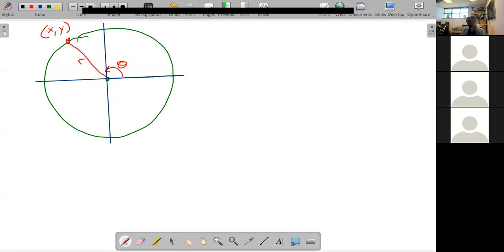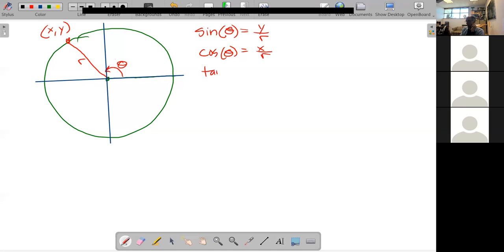So I'm just going to remind you about the relationship between a circle centered at the origin of some radius and the trig functions. So what we know is that the sine of theta is equal to the y value over the radius. We know the cosine of theta is equal to the x value divided by the radius.